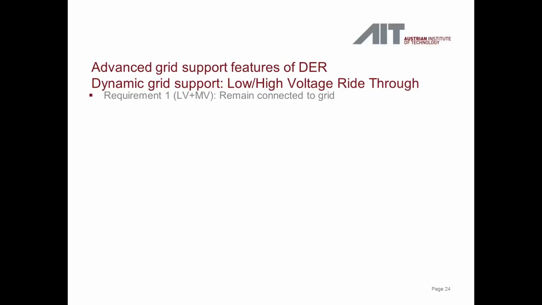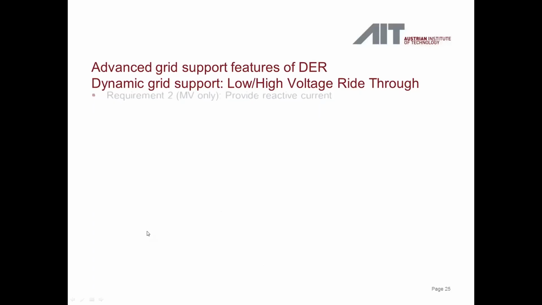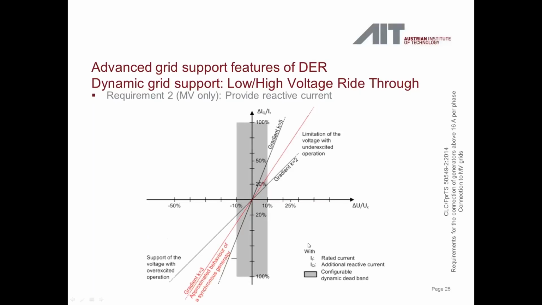And then finally, LVRT. This is a characteristic that has to be fulfilled. We showed a dip that was lasting 150 milliseconds, and we can see here that there's a certain requirement in terms of reactive power that needs to be generated.